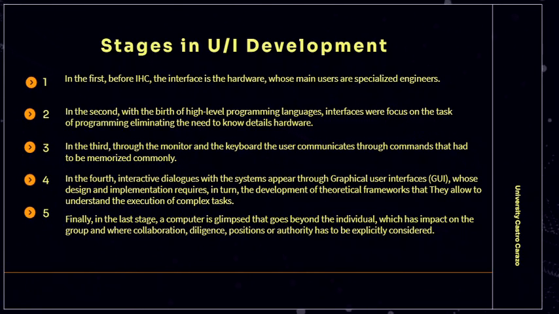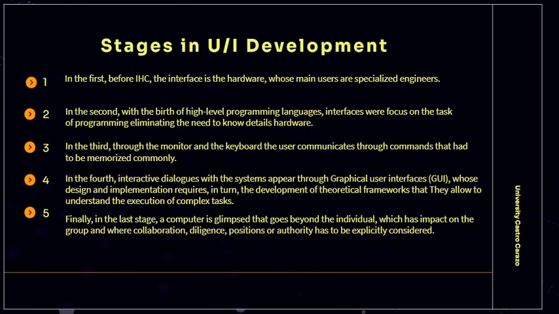In the third, through the monitor and the keyboard, the user communicates through commands that had to be memorized. And in the fourth, interactive dialogues with the system appear through graphical user interfaces.